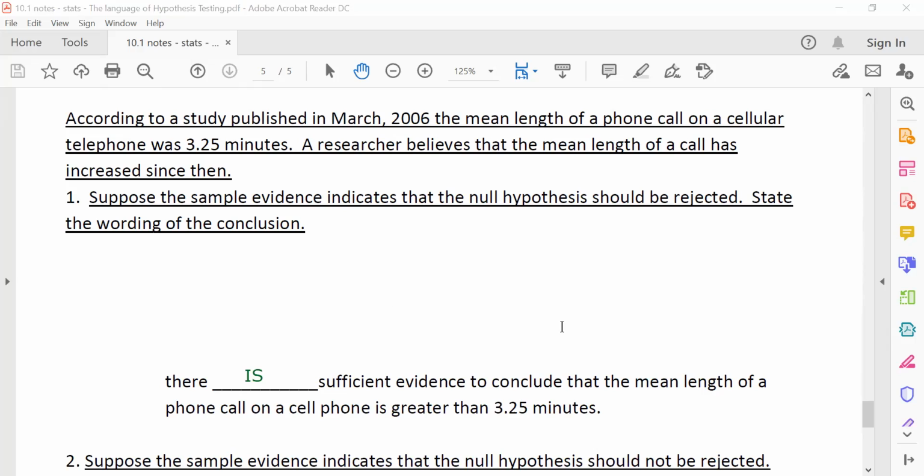That's how we word it. It's a little strange, admittedly, but that is how we word it. If you're rejecting the null hypothesis, you're saying you have sufficient evidence from the sample to support the alternative hypothesis.